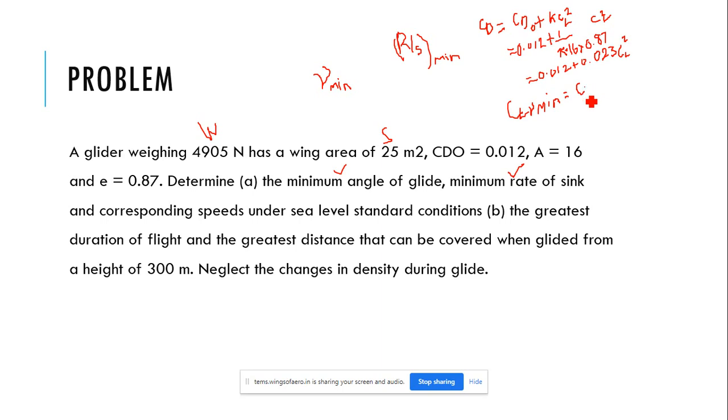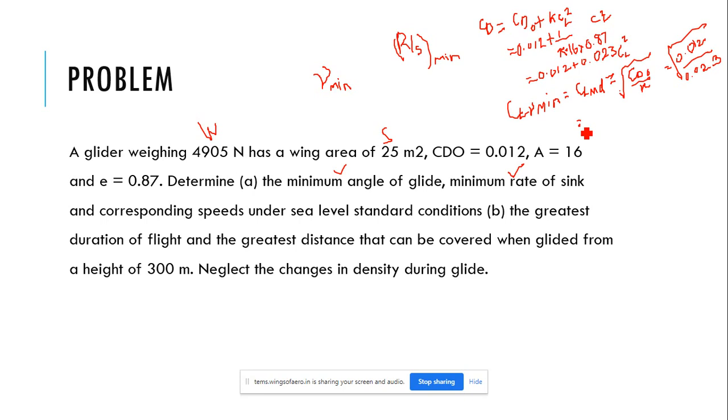Okay, so CL at gamma minimum is equal to CL of MD. The formula for CL of MD is square root of CD0 divided by K. The value is square root of 0.012 divided by, for K, 0.023.